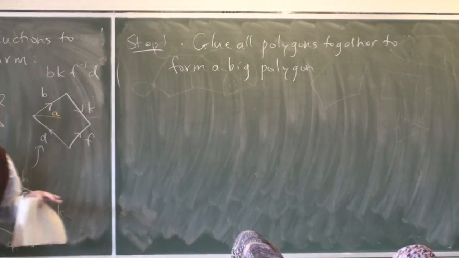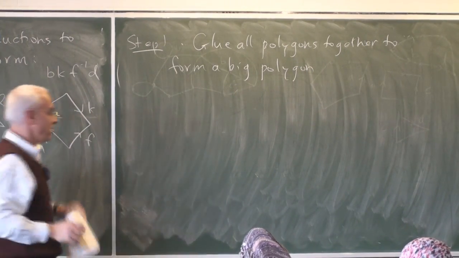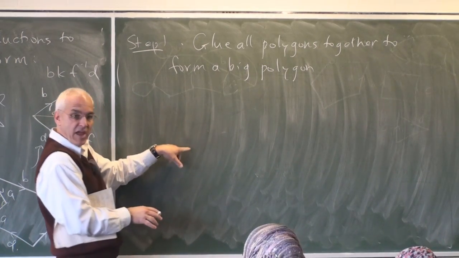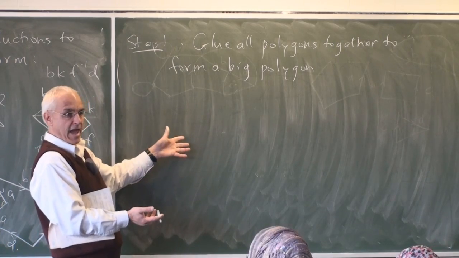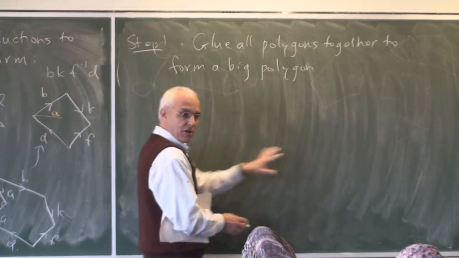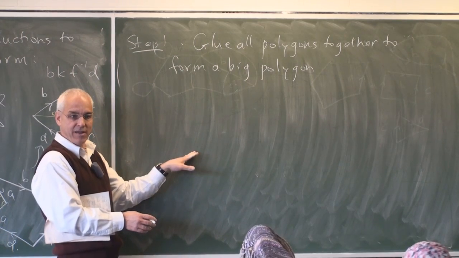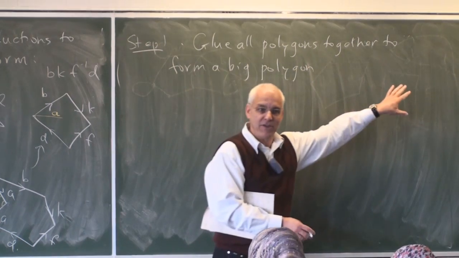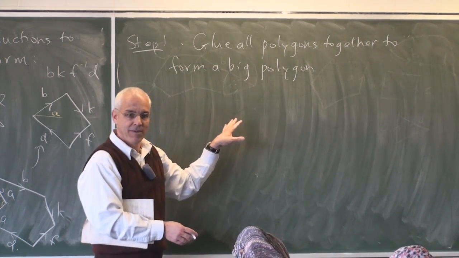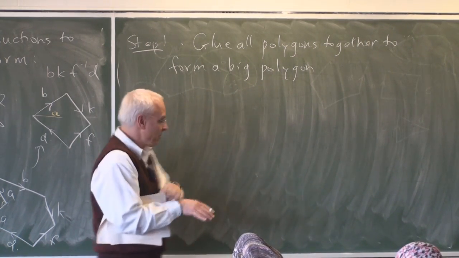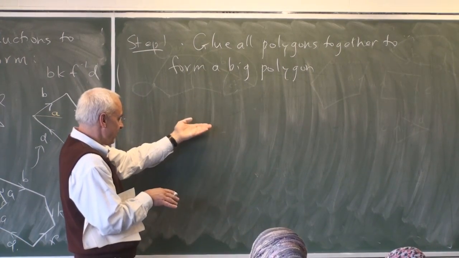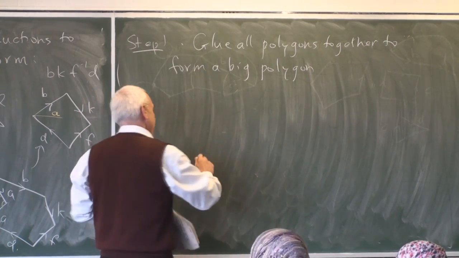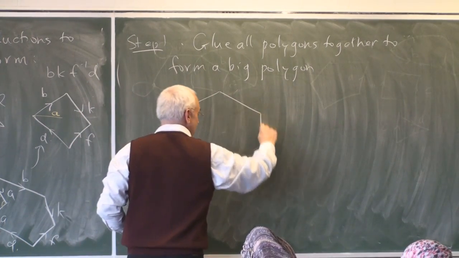We started with many little individual polygons with these edges opposite, and whenever we have one polygon, we just look for one of its edges, a free edge, and say K, and then we look for the other polygon that has a K, and we just glue the two things together along the edge K. Now we have a bigger thing. Then we look at one of those free edges and look for another polygon that we haven't used yet and glue it together. We're not folding any existing polygons onto themselves. We're just taking ones that we haven't attached yet and attaching them.